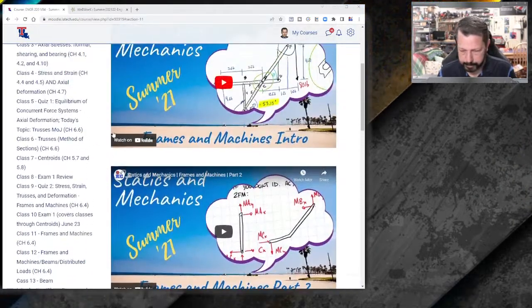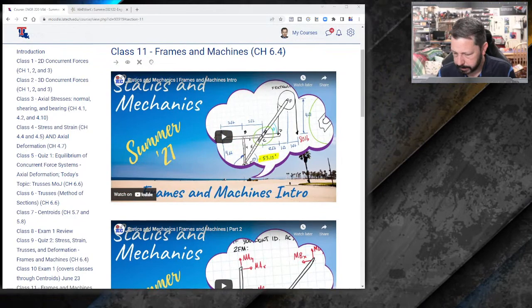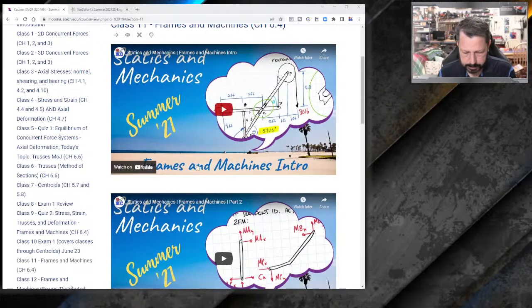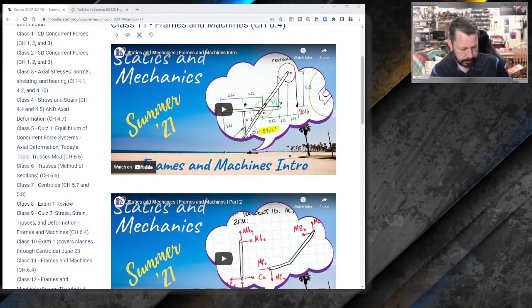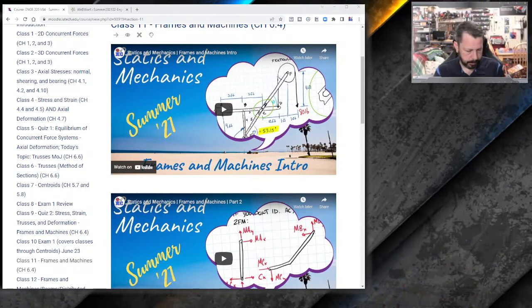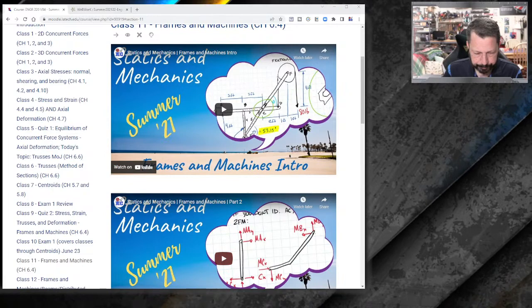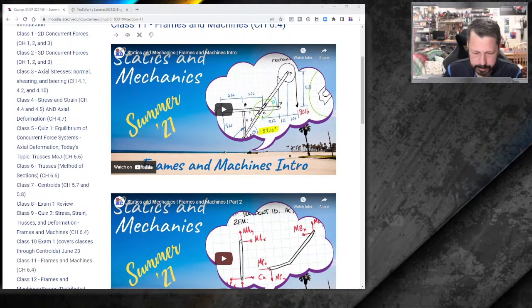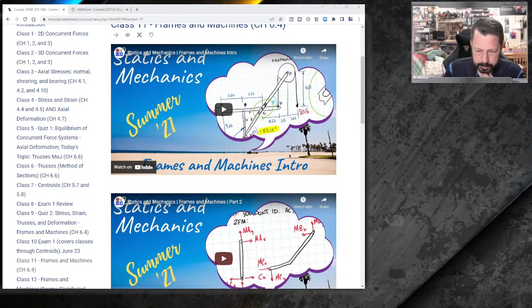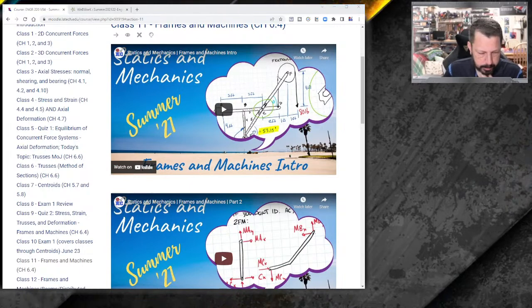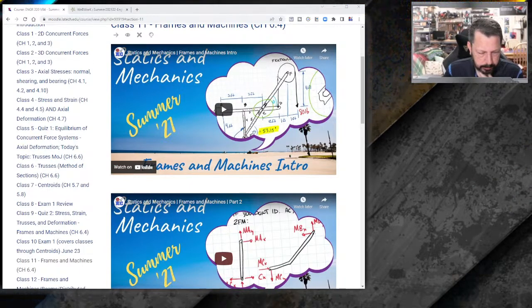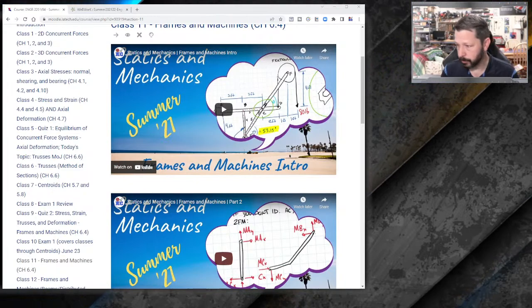All right, let's head into these frames and machines. I just realized I never opened OneNote to write in, so I kind of need that. Let's get it open. There's a truss. We don't need trusses right now. Let's add a new page. I like for it to be green for some reason.